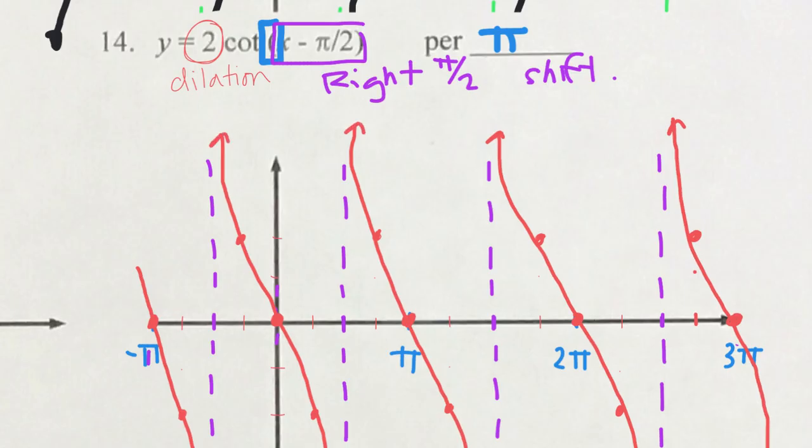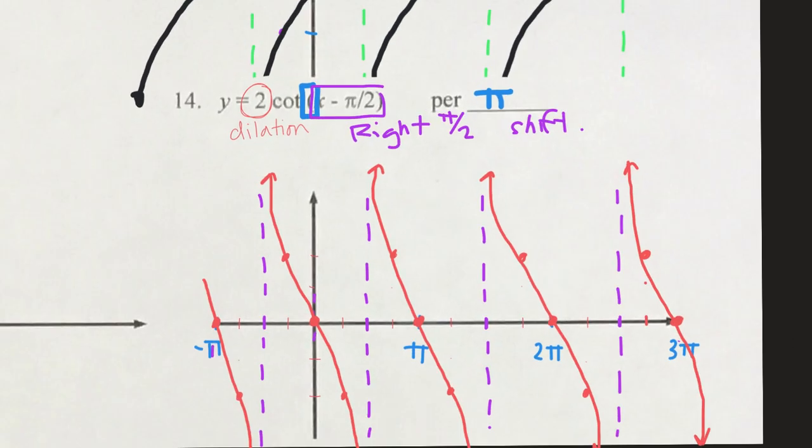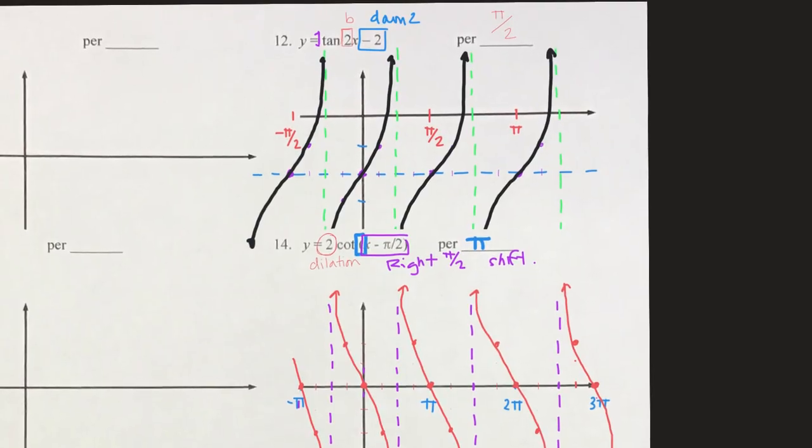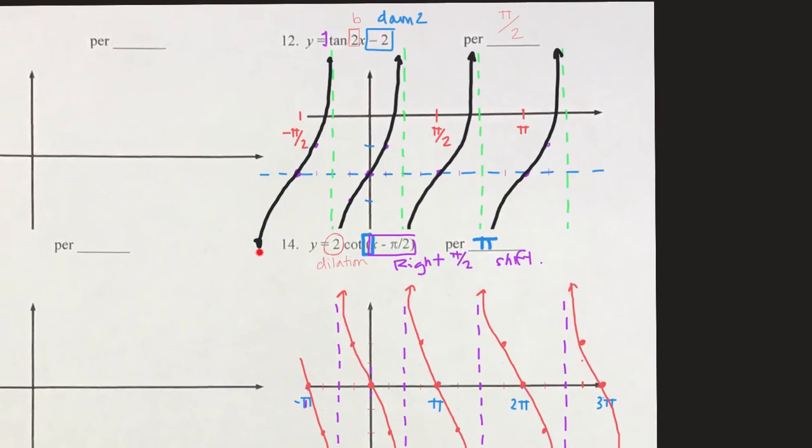So the graphs look different, of course. If your graph grows from left to right and it's positive, this is your typical tangent graph growth. And if it is decreasing from left to right, this is your typical cotangent graph growth.